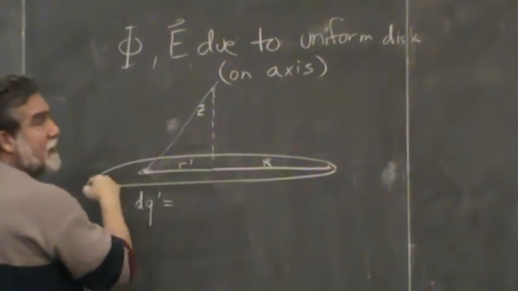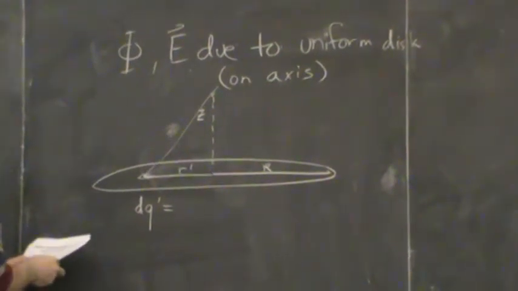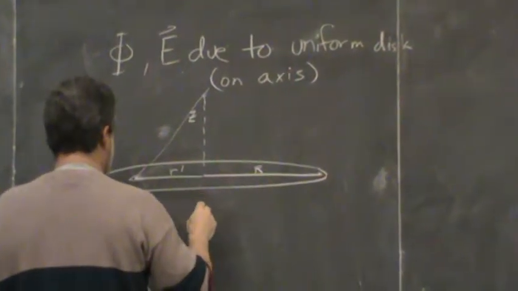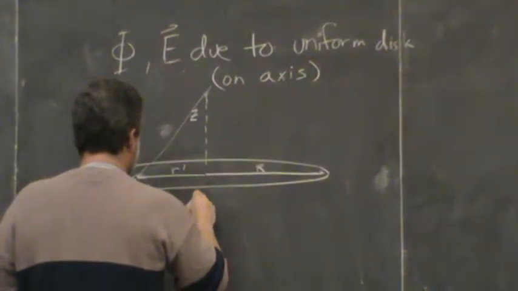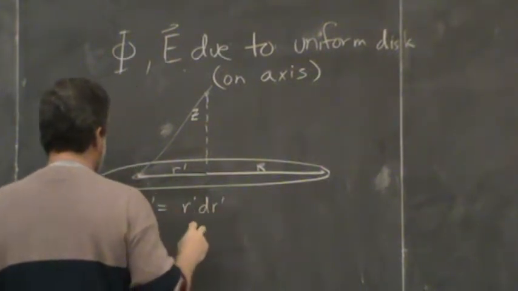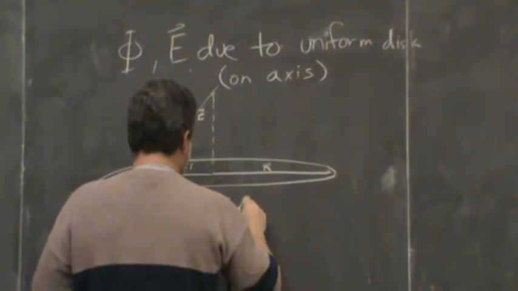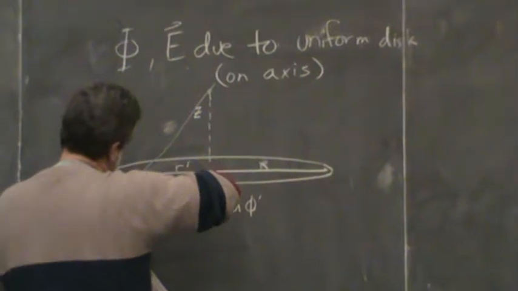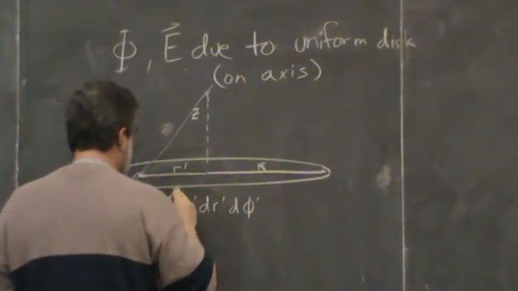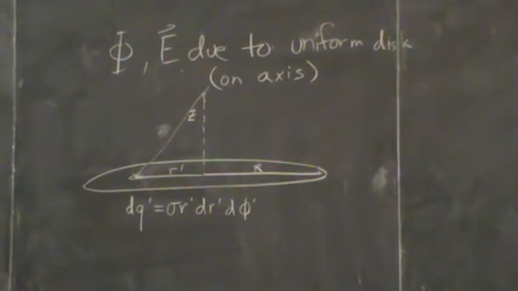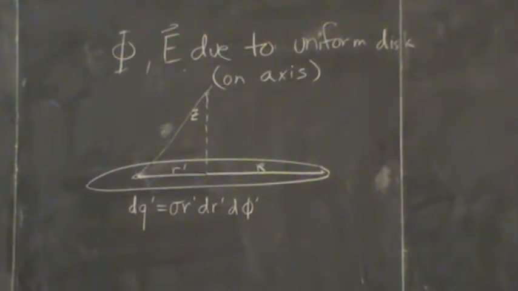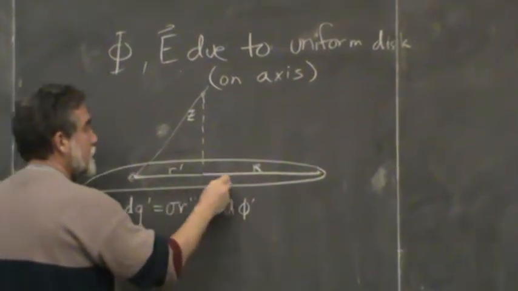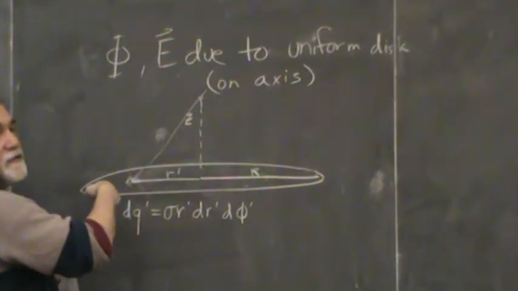A little bit of charge out here, I'm going to write as sigma r prime dr prime d phi prime. That's my element of area times sigma. And I can make life a little bit easier for myself, because everything around this circle is at the same distance.